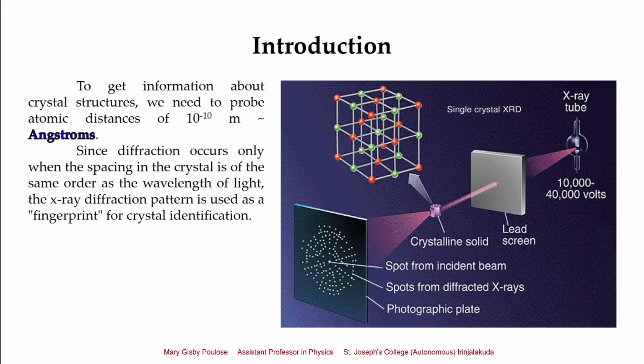This X-ray diffraction pattern is used as a standard fingerprint technique for crystal identification. Only X-rays can be used to study crystals because, in order to diffract the X-rays, the crystal dimensions or the target object should have a dimension of angstroms. It should be in the dimension of the wavelength of that X-ray.